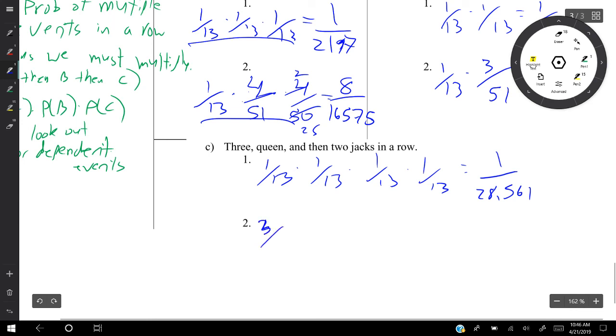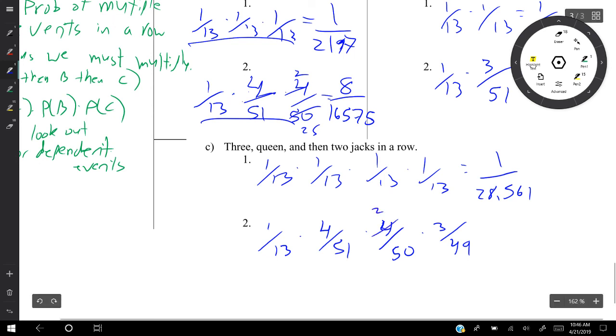3, oh my God, I'm so hungry. 1/13th for that first card times, okay, I still have 4 queens, but there's only 51 cards in the deck. And then 2 jacks in a row. There's still the 4 jacks because I've taken a 3 and a queen. There's only 50 cards left in the deck. But 2 jacks in a row means, oh, whoops, I've taken one of the jacks, and now there's only 49 cards left.